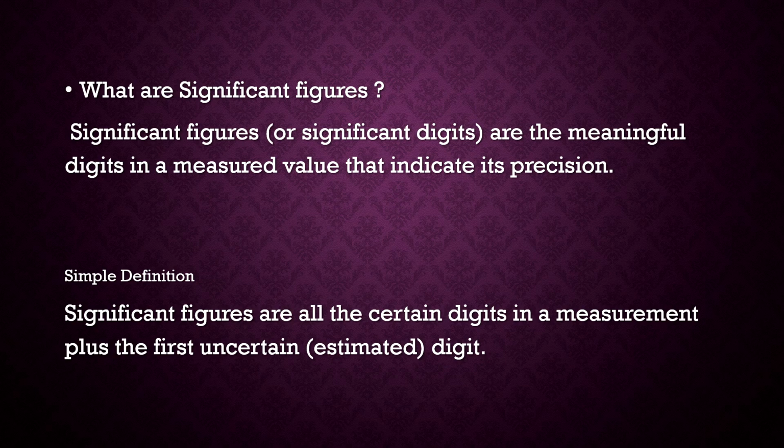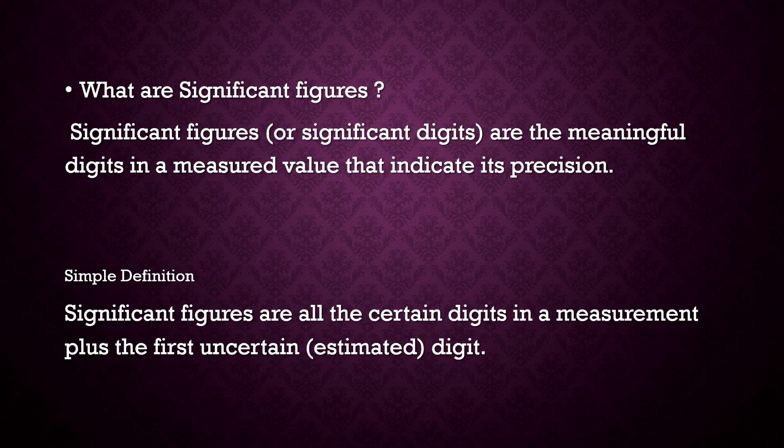In a simple definition, significant figures are all the certain digits in the measurement plus the first uncertain digit. I thought you might not understand the definition, right? When we deal with the examples, then we will get to know that.